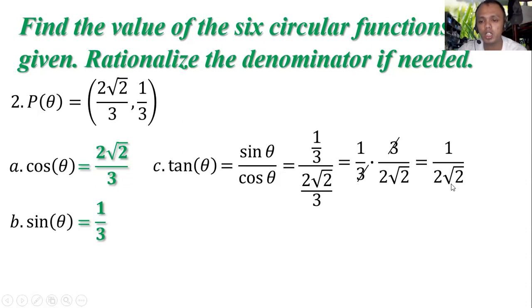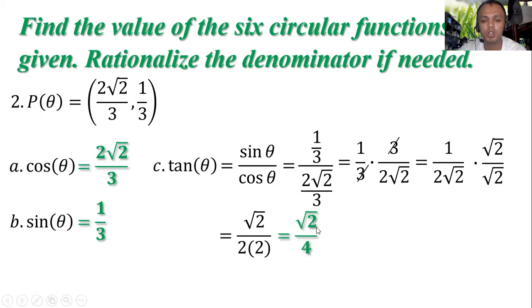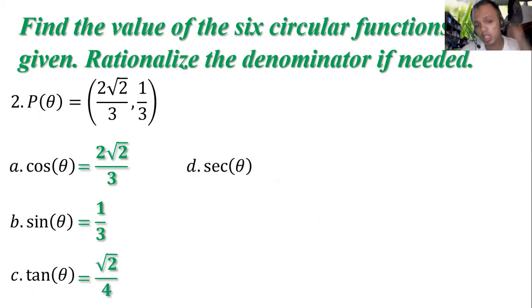Then rationalize natin kasi nga may radical sign. So anong gagawin natin? Anong i-multiply? Square root of 2 pa rin. 1 times square root of 2 is square root of 2. Then 2 times square root of 2 times square root of 2 is 2 times 2. Then we have square root of 2 over 4. That is your tangent. Okay? Next, secant theta. 1 over cosine theta.